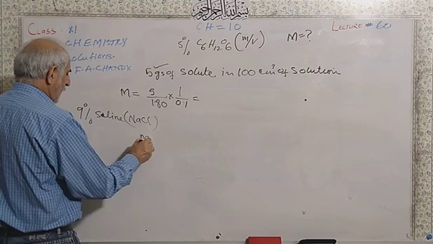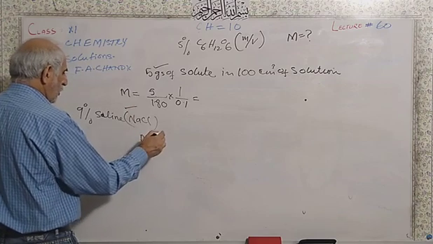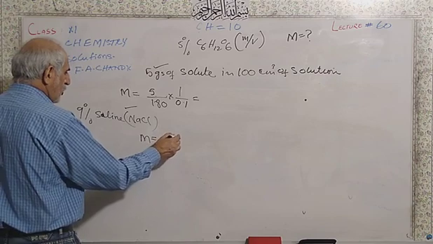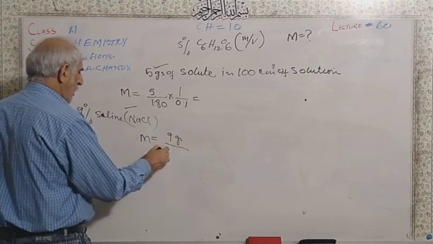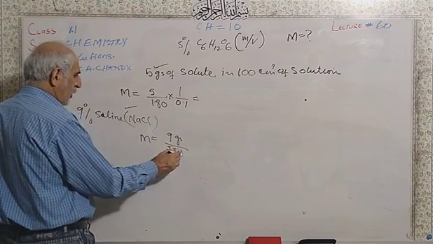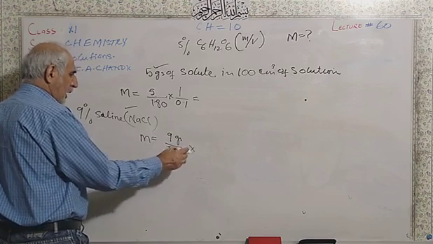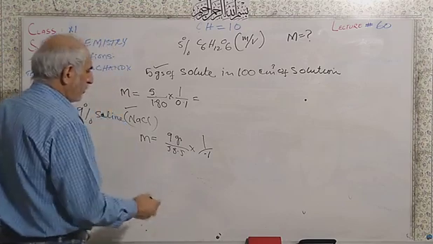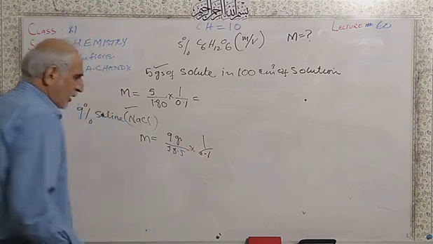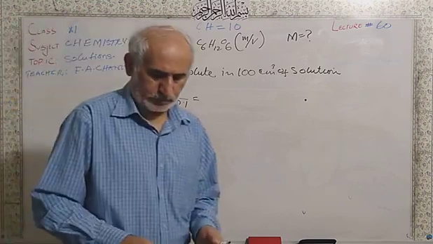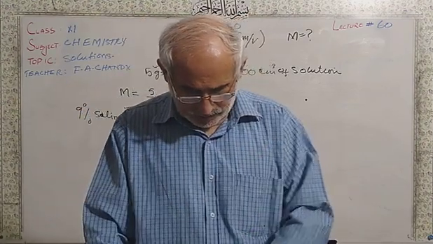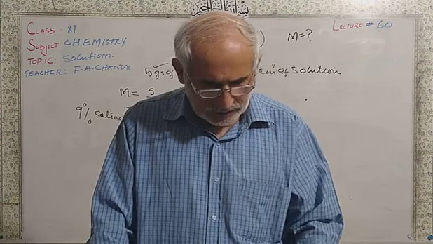So molarity of this will be equal to 9 grams of the sodium chloride. Molar mass of sodium chloride is 58.5 and 1 over 0.1 because 100 centimeter cube of solution. This is a molarity you can calculate here.